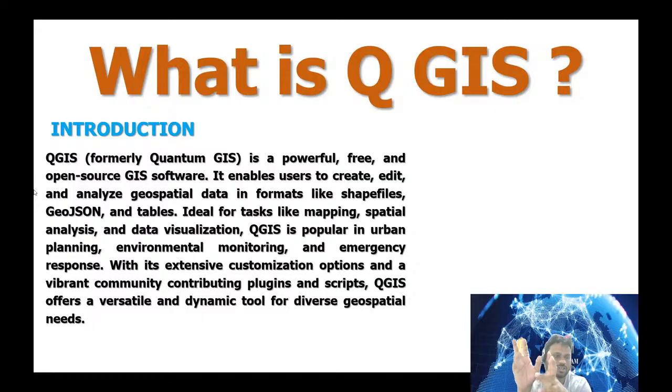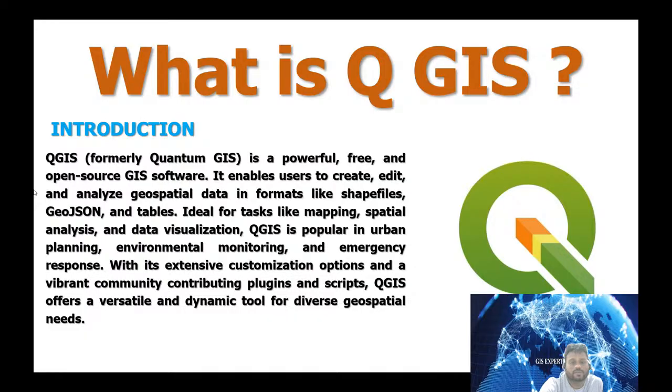It enables users to create, edit, and analyze geospatial data in formats like shapefile, GeoJSON, and tables. It is ideal for tasks like mapping, spatial analysis, and data visualization. Everything you can do in QGIS, it's absolutely free.